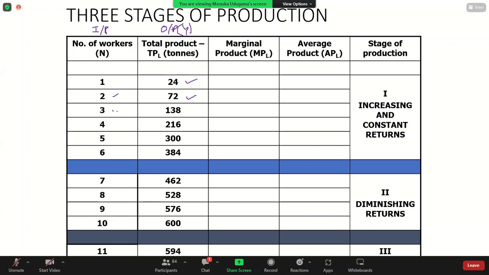Workers, total product, the yield is also increasing. 138. Fourth, 216. Fifth, 306, 384. Likewise, the relationship. Now, have a quick look at this relationship, the numbers. What type of a relationship can you spot from these 2?